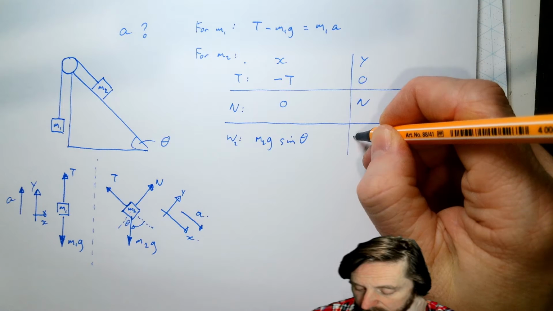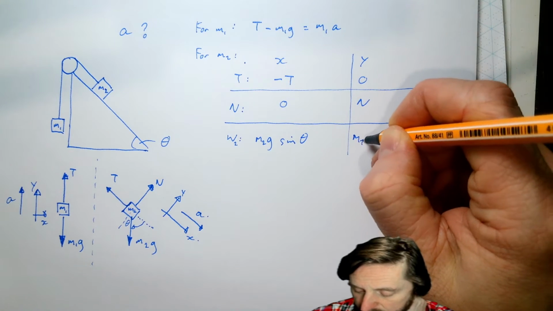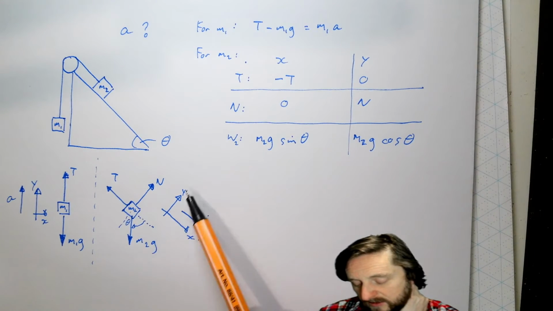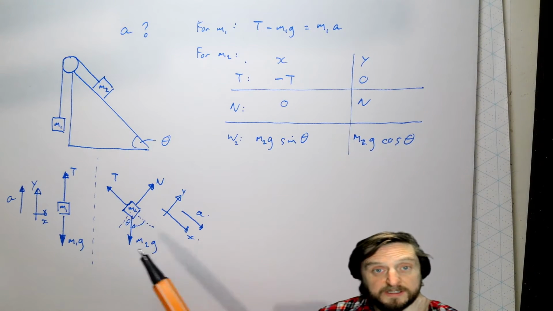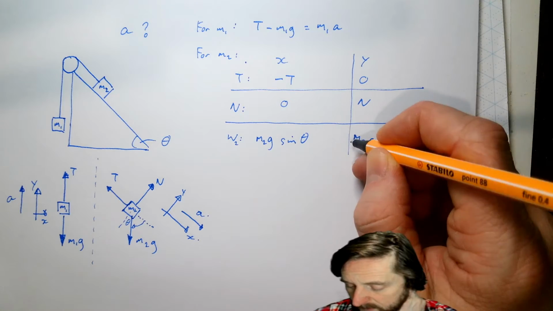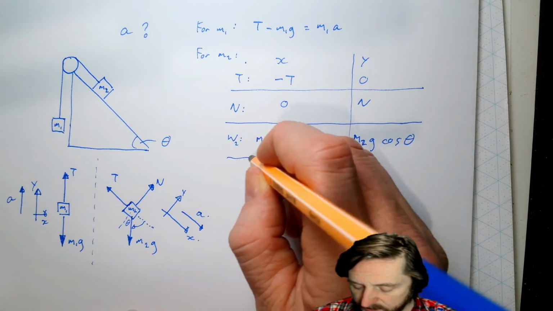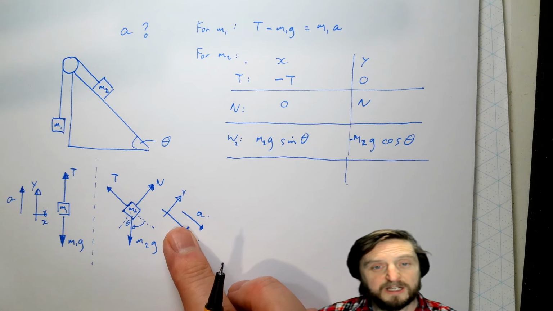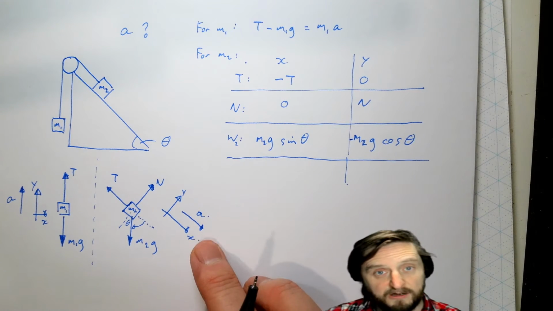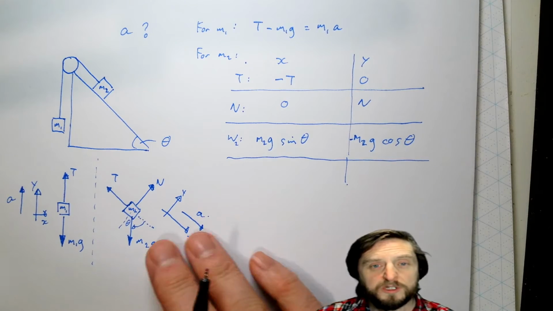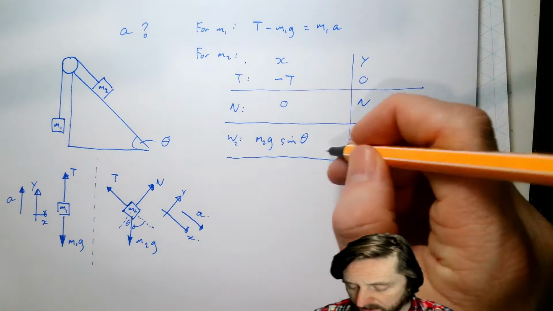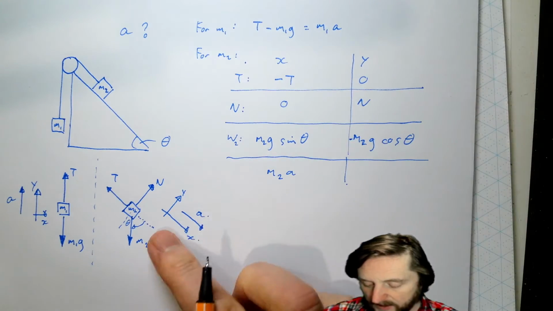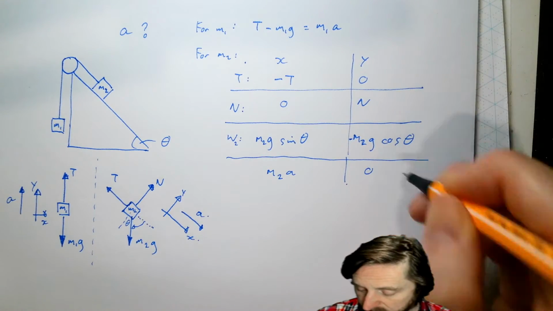And the other one is m2g cosine of the angle. And you can see that the y component of this is negative. So these are going to then add up to acceleration. My acceleration is in the positive x direction according to the coordinate system I've chosen, and so that is going to be m2a. And there's nothing in the y direction, so that's going to be 0.